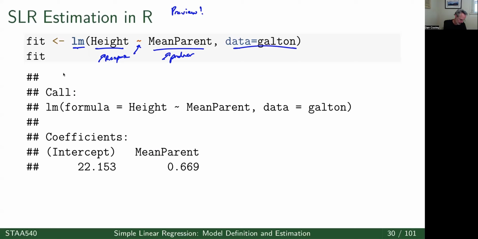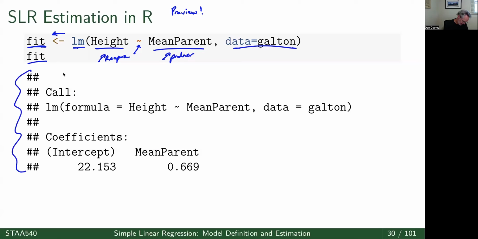So what we're doing is we are going to run this LM function, this linear model function. This is an arrow, and it's going to get stored in this R object called fit. And then if I simply type fit, R is going to respond with this response here.